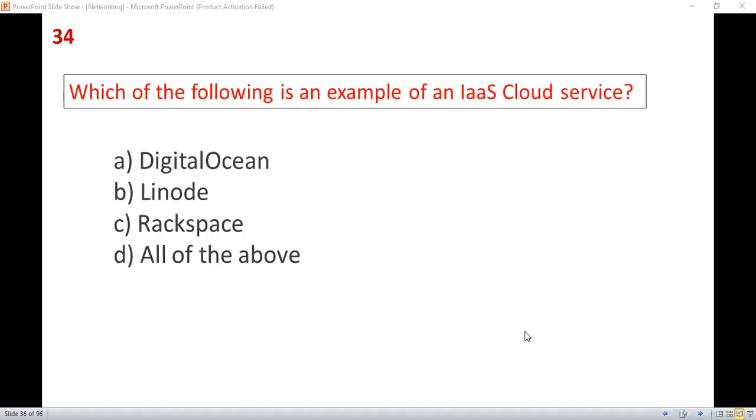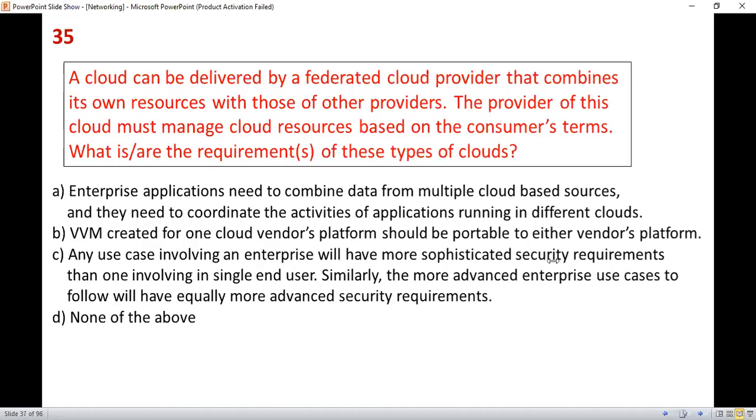Okay, the next question, yeah, you can see the next question here. A cloud can be delivered by a federated cloud provider that combines its own resources with those of other providers, and the provider of this cloud must manage cloud resources based on the consumer's terms. What are the requirements of this type of cloud?